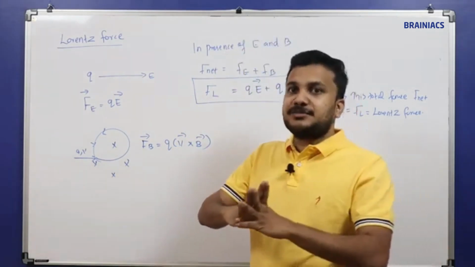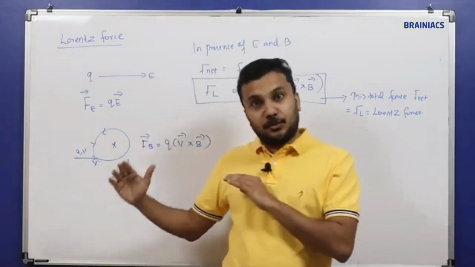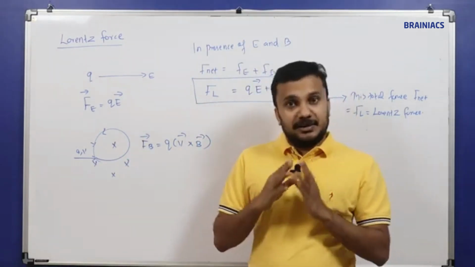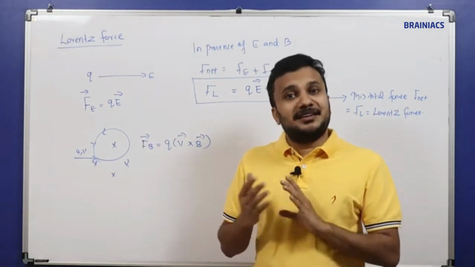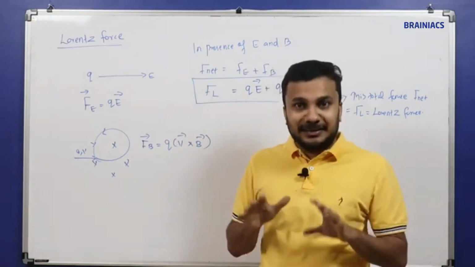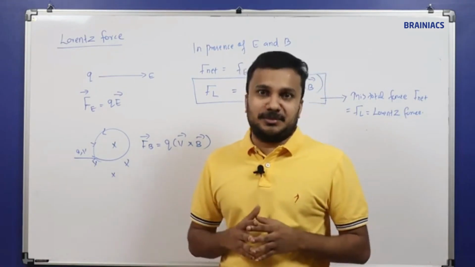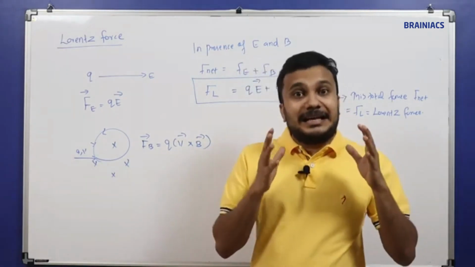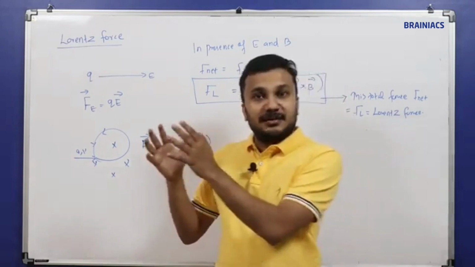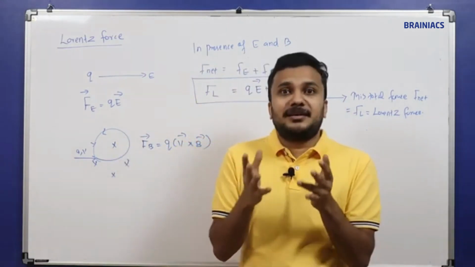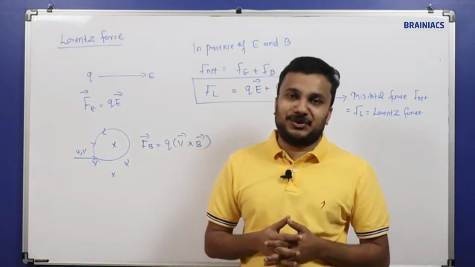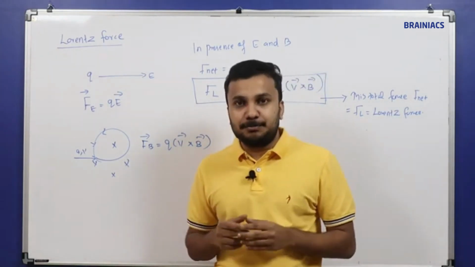Whenever only magnetic fields are there, we have already seen in magnetism, and whenever only electric field exists, we have seen in the electric charge and electric field chapters. But now we have two things: one is electrical force and one is magnetic force. These two together give rise to the Lorentz force. So Lorentz force is important.